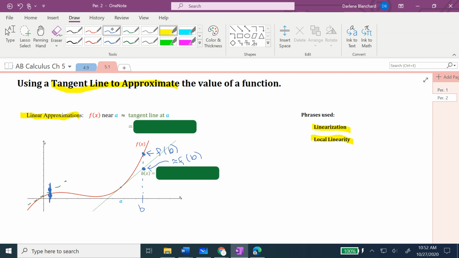Once you know the x coordinate and which function you're using, you can create these formulas that I covered up by using the point slope form of a line. And point slope form of a line looks at y minus the y coordinate of this point. And if my function is f, then the y coordinate is f of a, is equal to the slope at a, multiplied by the change in x, x minus a.